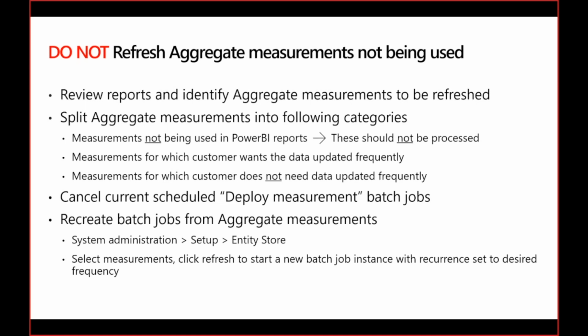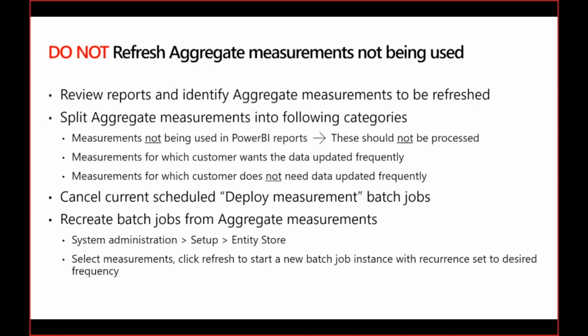Then the advice is to cancel the current scheduled deploy measurement batch job. And then to recreate the batch job, you can just go to System Administration, Setup, Entity Store, and select the measures that you would like to have, for example, in the first bucket of the frequently updated ones, and you click Refresh.